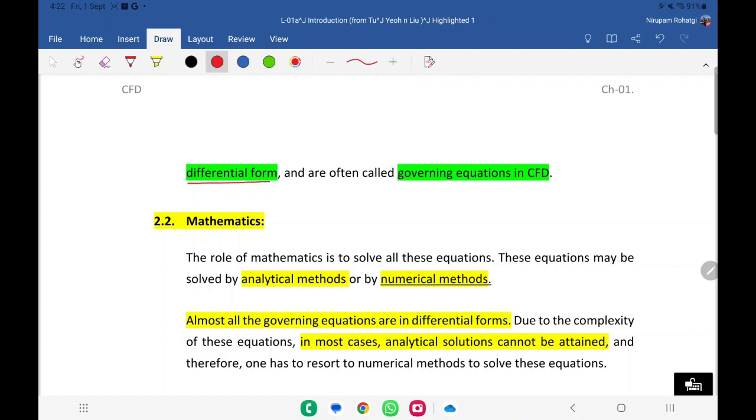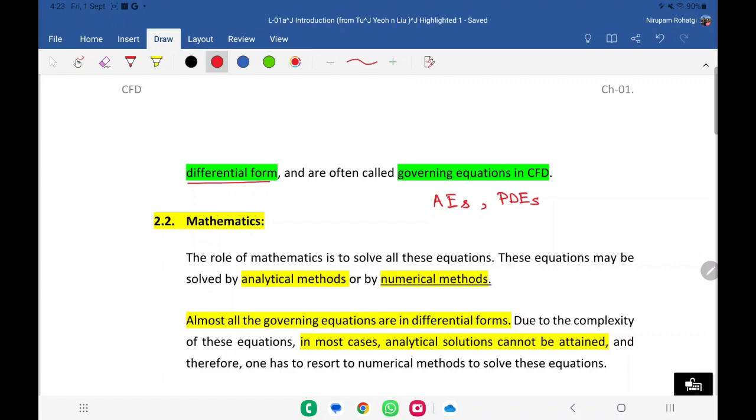So your equations can be both algebraic equations as well as partial differential equations. Both of them will come into play. They govern your fluid mechanics plus heat transfer plus thermodynamics, plus chemical reactions, all that will come into play.